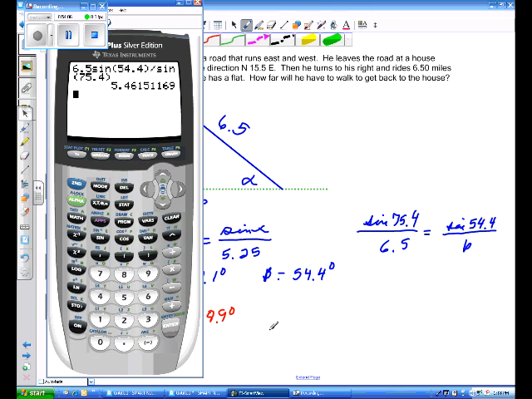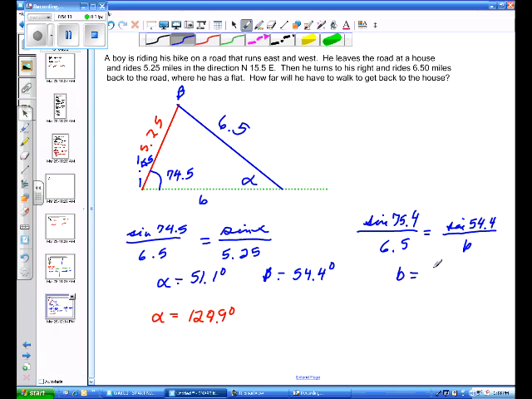Okay, I get that he would be 5.5 miles from home. So B would be 5.5 miles.